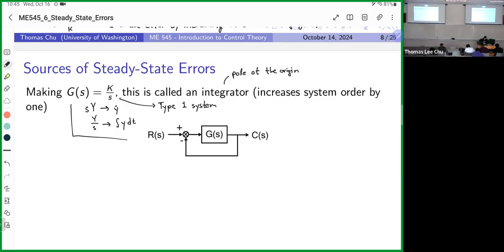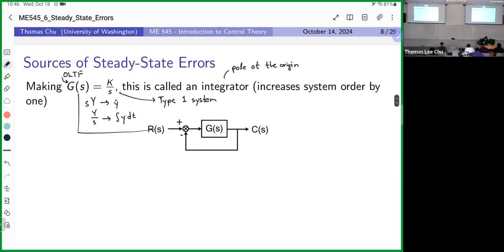And notice that this is on the open loop transfer function. So adding an integrator allows ESS to be 0. Adding an integrator allows steady state error to equal 0 for a step input.